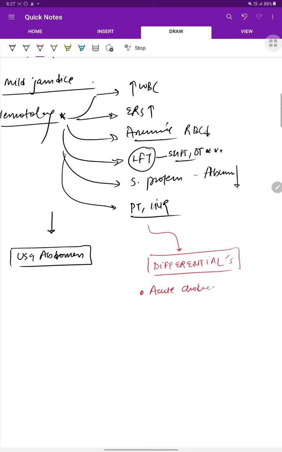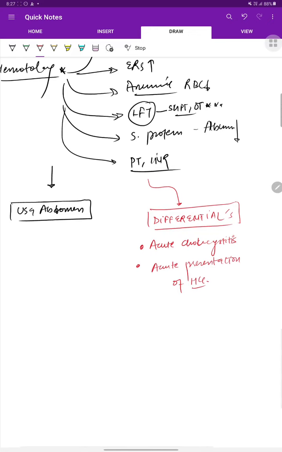It may be an acute presentation of HCC, hepatocellular carcinoma, due to hemorrhage or necrosis over there.